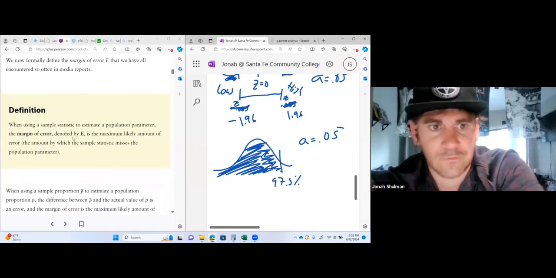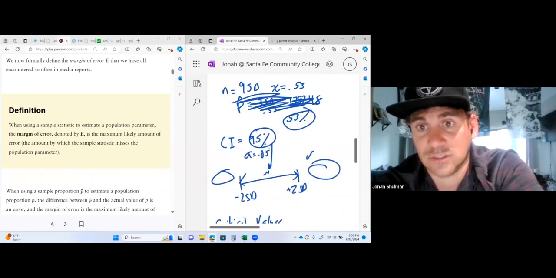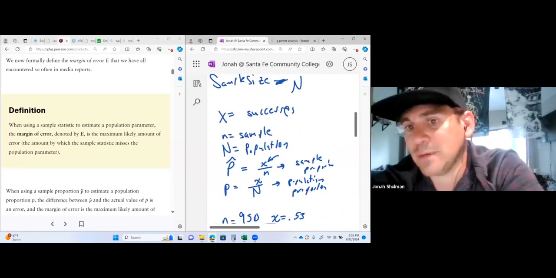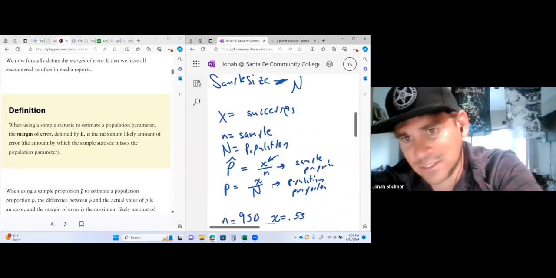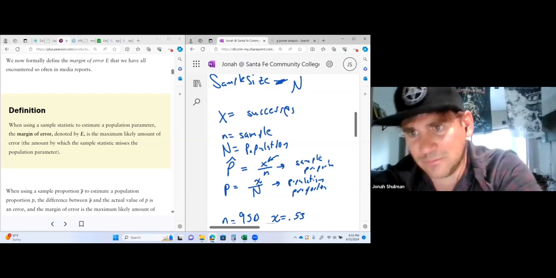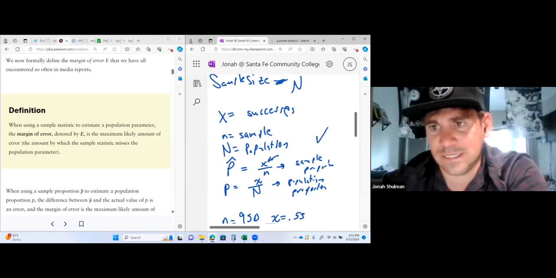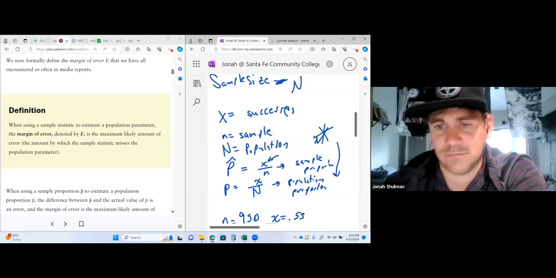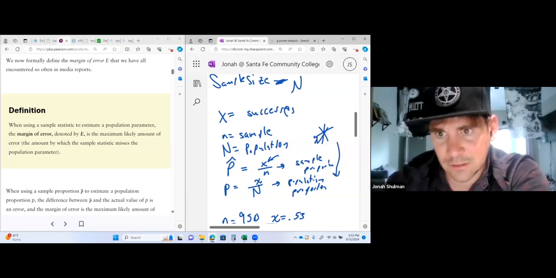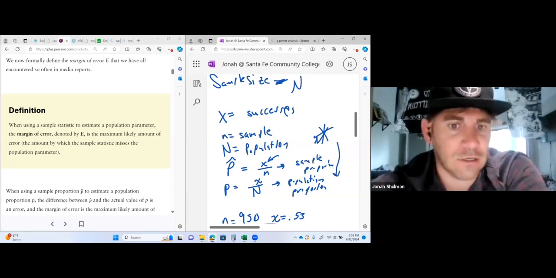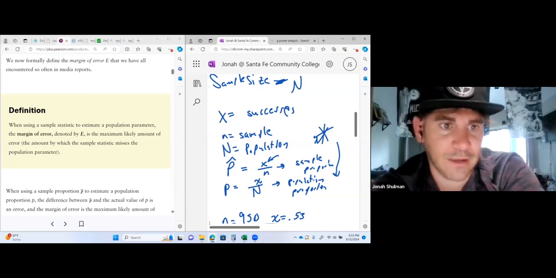How can we be off? If our sample statistic is not the same as our population parameter. Right away, we're saying this is the best mean we've got from this sample. We're using the sample to tell us stuff about the population, but we could miss. If it's off, that's our error. So we always have to account for how much error we have.